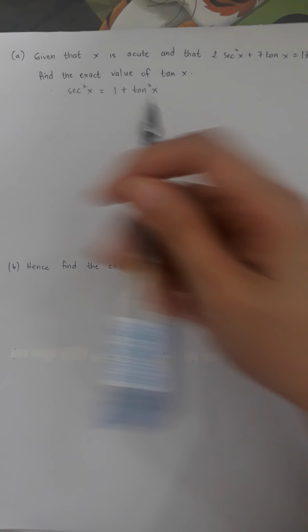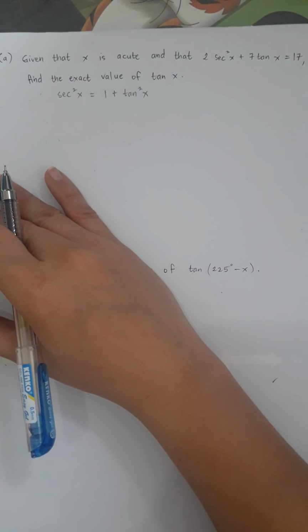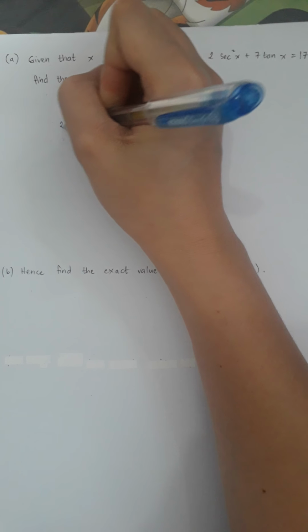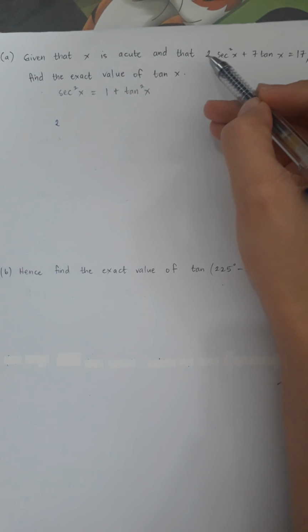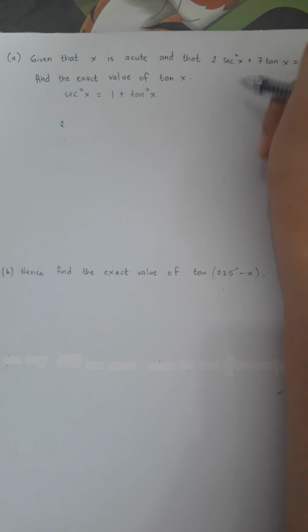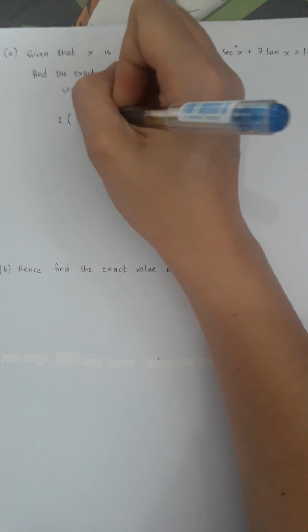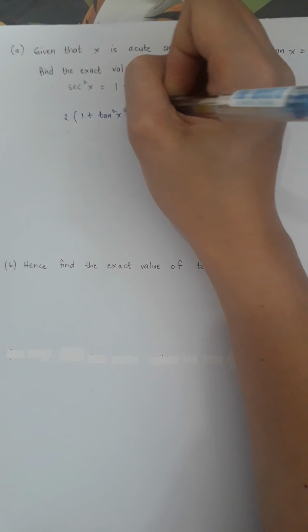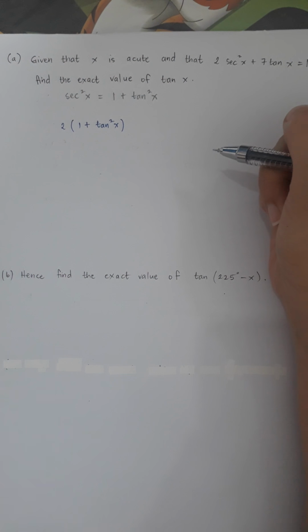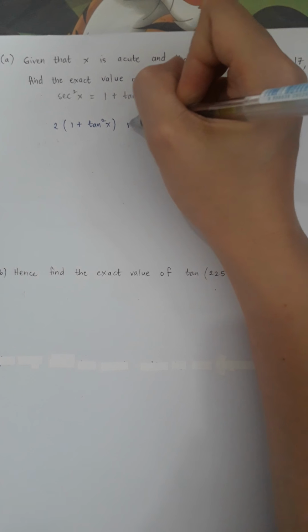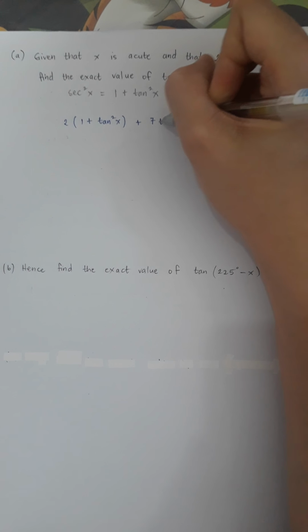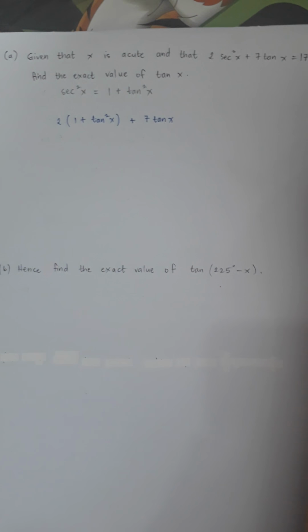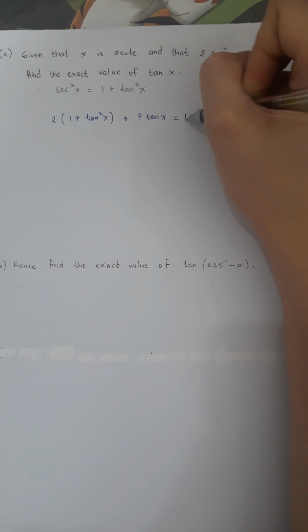So now the equation becomes, instead of secant squared, 2 times, instead of secant squared, now we use 1 plus the square of tangent x, from the identity, plus 7 times tangent x equal to 17.